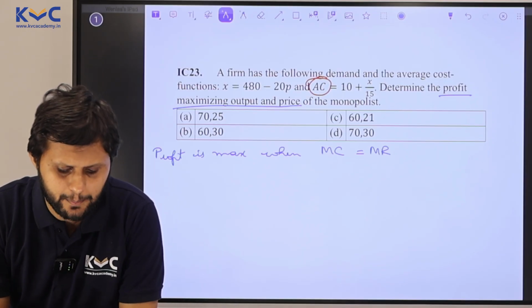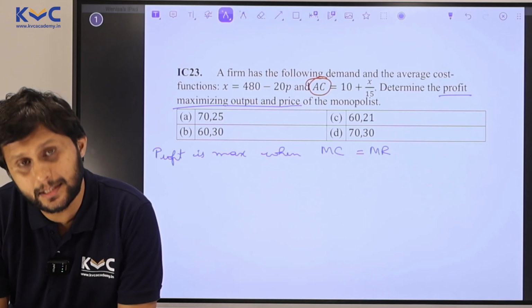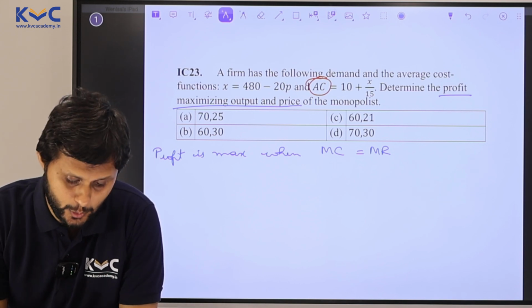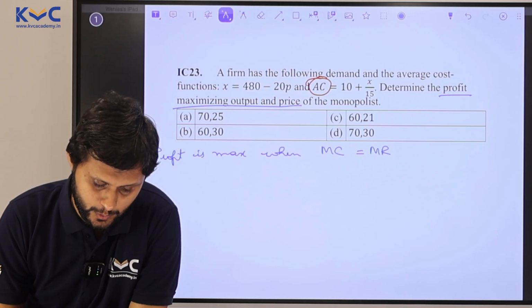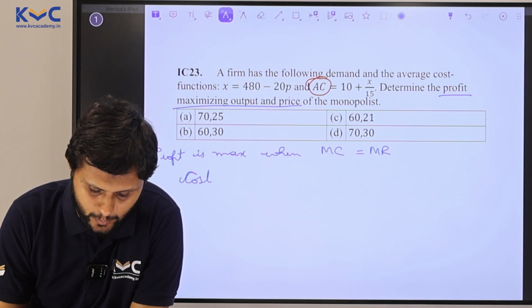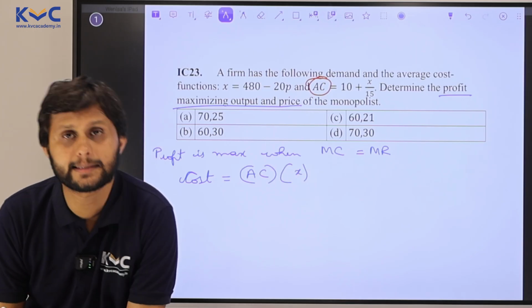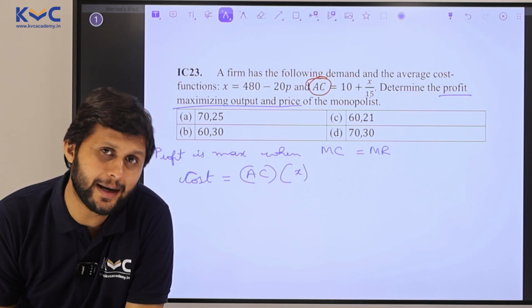Correct? So now we need marginal cost and we need marginal revenue. How do we get marginal cost? We need the cost function. Do we have the cost function? We have average cost. We can write cost is equal to average cost into x, number of units. To get average cost, we divide by x.